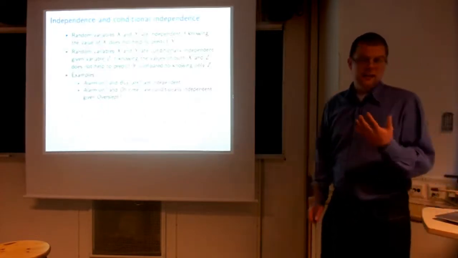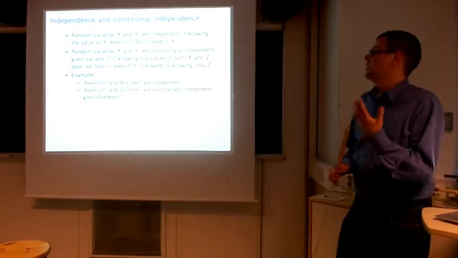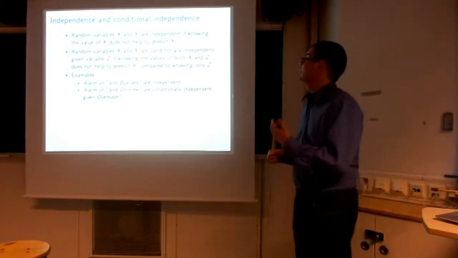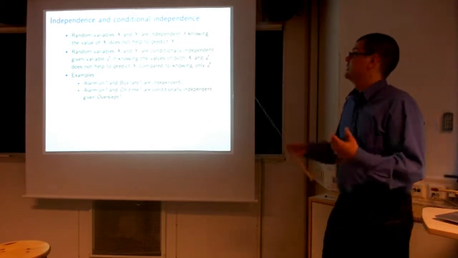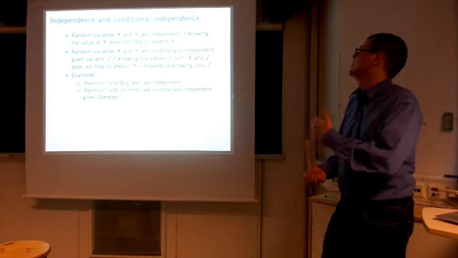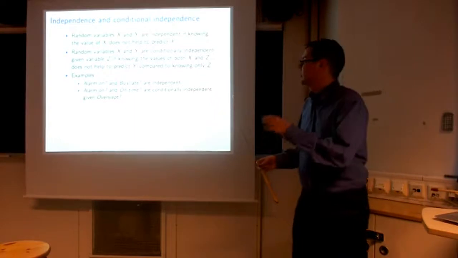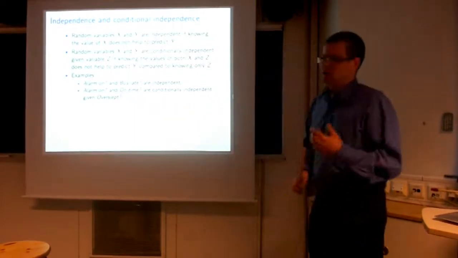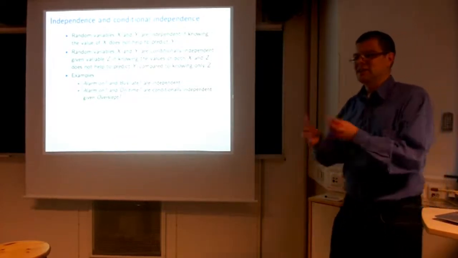Luckily, in real life applications, it's usually not the case that everything depends on everything. So there are independencies and conditional independencies between variables. We say that two variables x and y are independent, or marginally independent, if knowing the value of x does not help predict y or vice versa. In our example, whether a person has an alarm on and whether a bus is late are independent of each other.